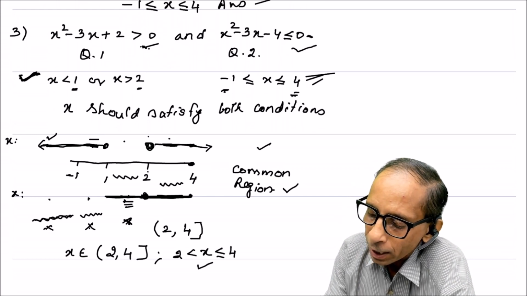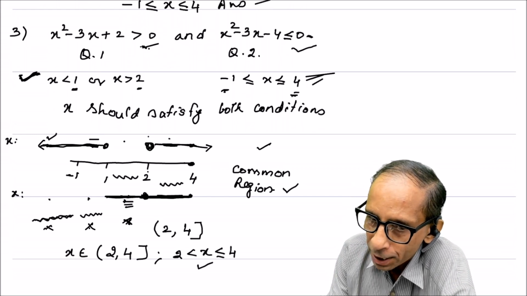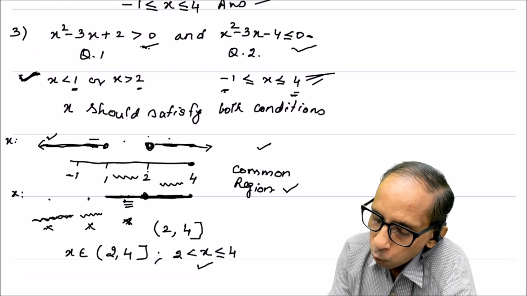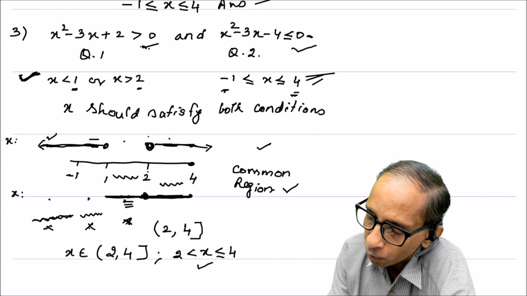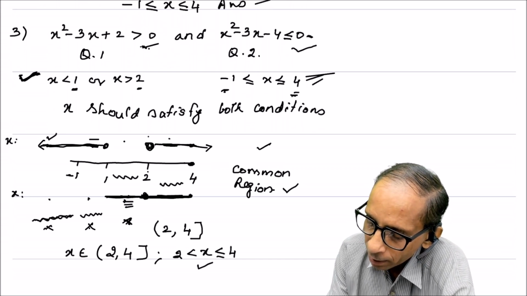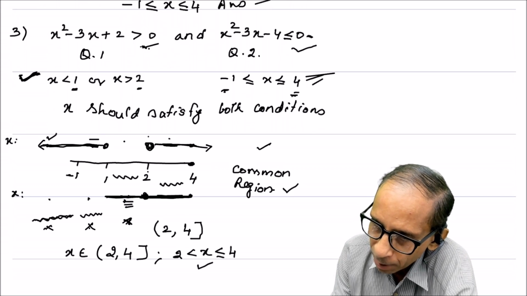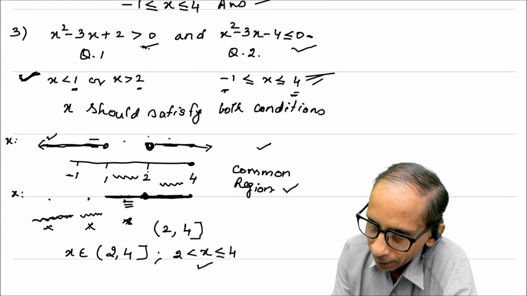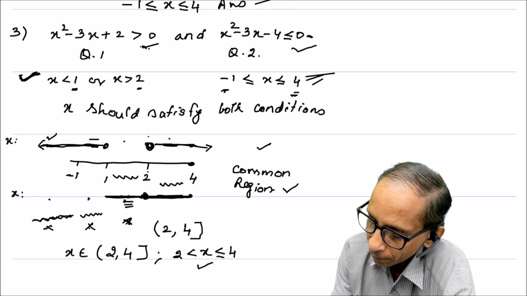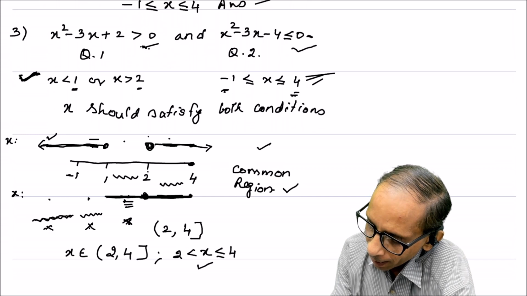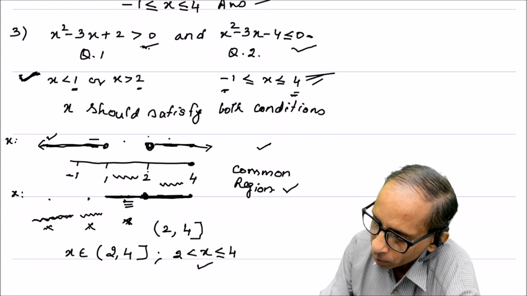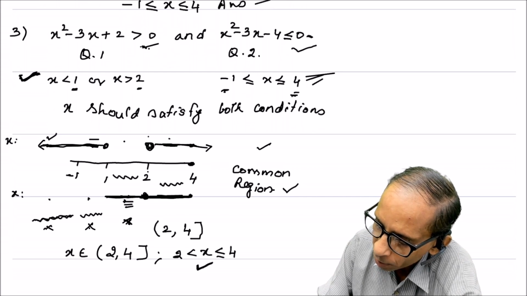In case we are given both types of inequalities simultaneously, then what we have to do is find the solutions of each one of them separately, mark them one above the number line, another below the number line, and then see what the common region to both of them is. And then the answer will be x belongs to the common region, which you can also put in the form of an inequality like this.